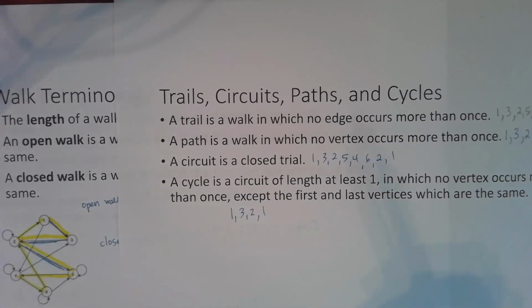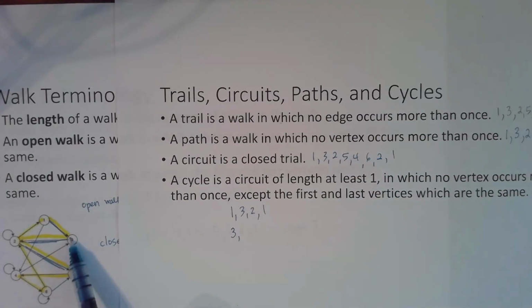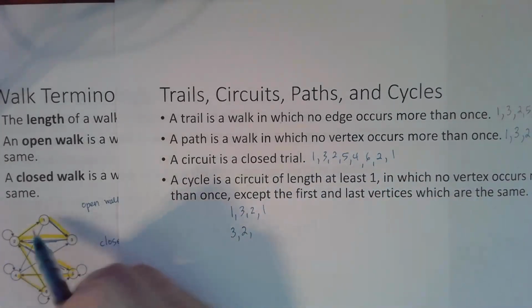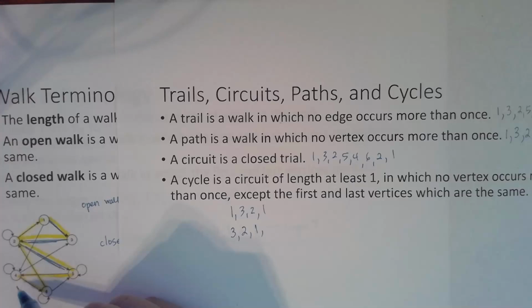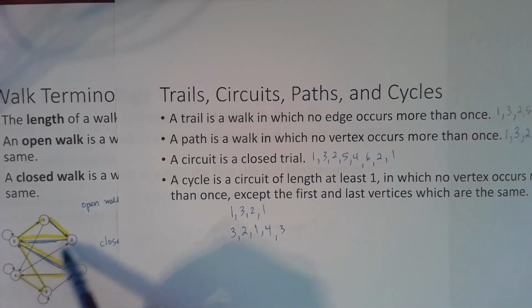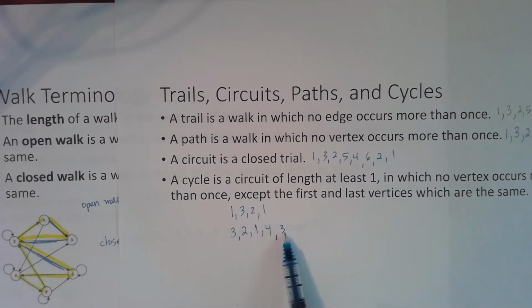We could get a longer one, like let's say if we started at 3. So we could go from 3 to 2 up to 1, maybe down to 4, and then back to 3. So this kind of thing. So we start and stop at vertex 3, and we never repeat any vertex other than the first and last.